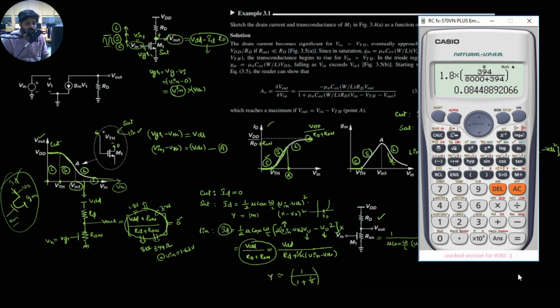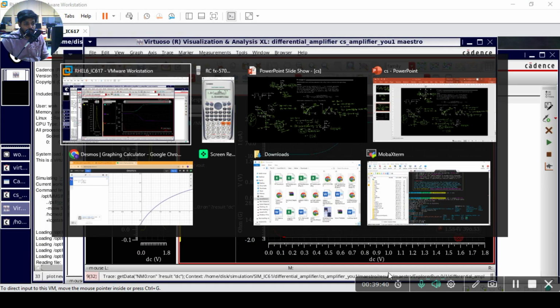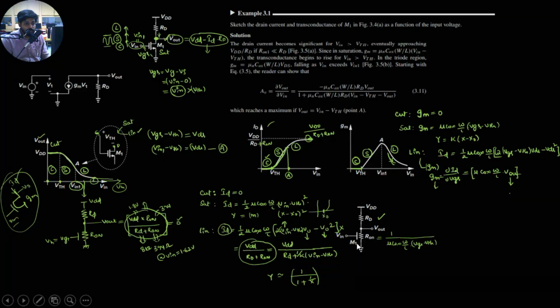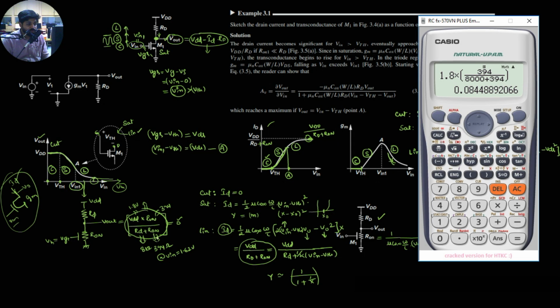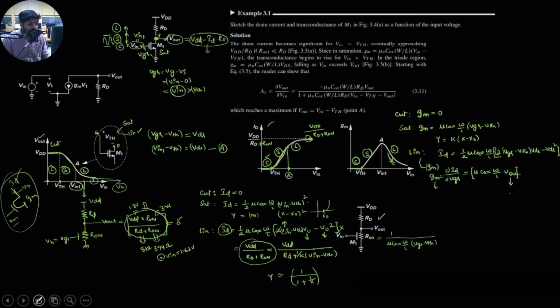So we are getting 84 millivolts here. So V output will reach only 84 millivolts. So it can reach 84 millivolts.